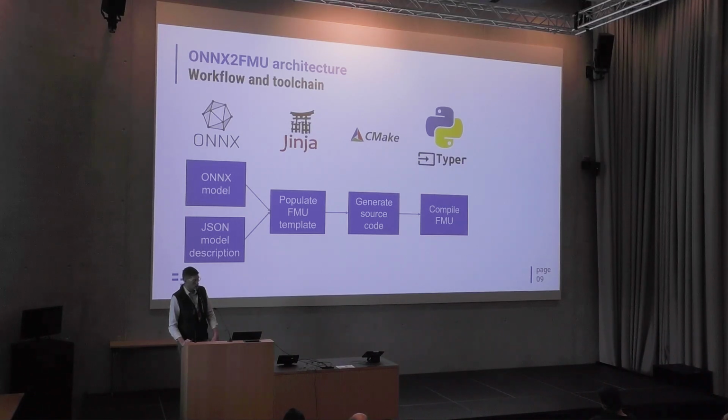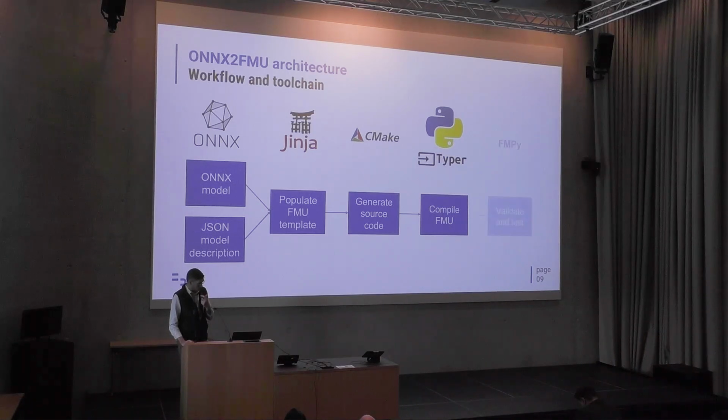The first one is generation of the C code and XML code, and then the compilation of the FMU, which is done via, let's say, you can interact with ONNX-to-FMU via Python and via the command line interface. So these are the 2 options that we developed in order to develop this generation process.